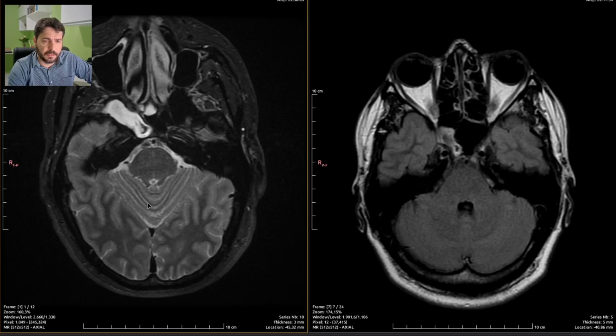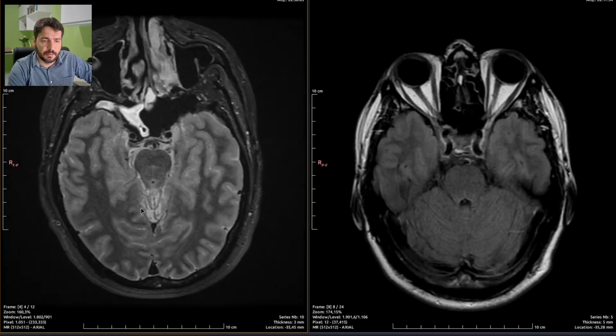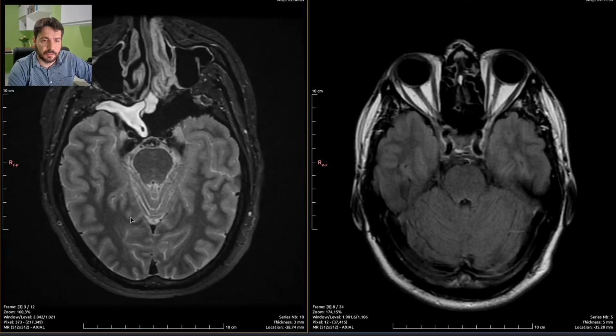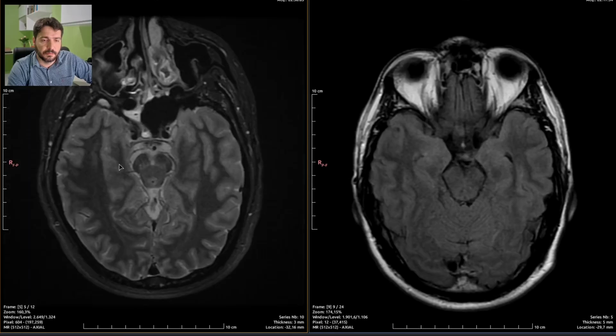They did a very odd axial oblique hippocampus acquisition. It shows nothing.